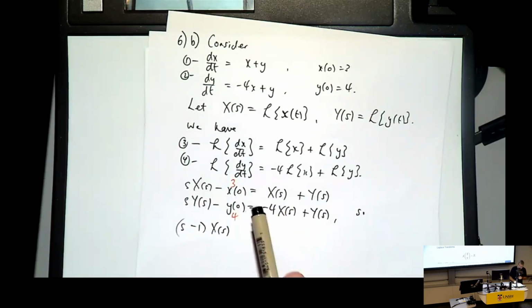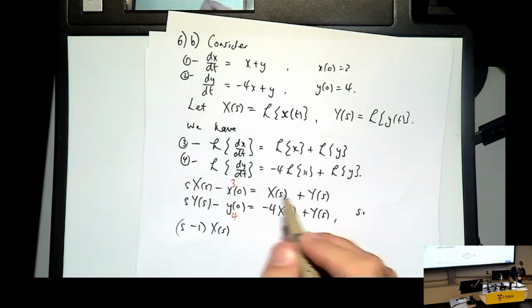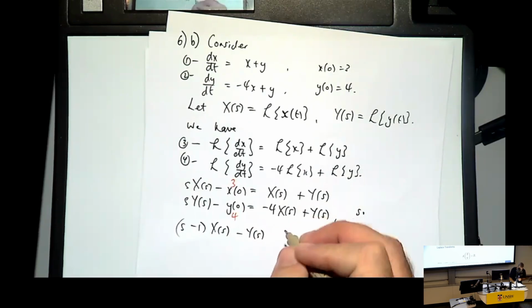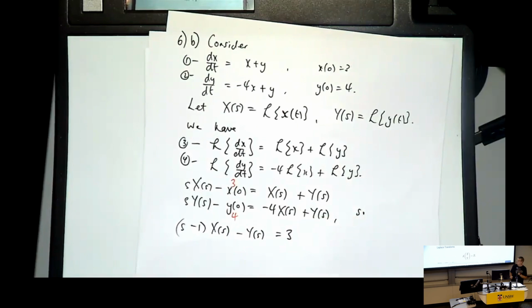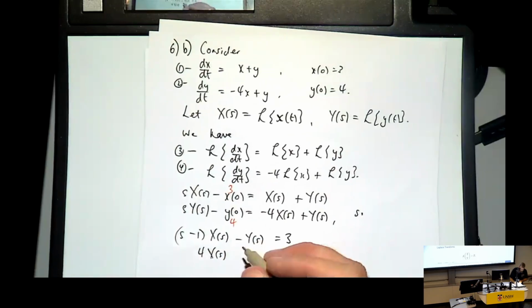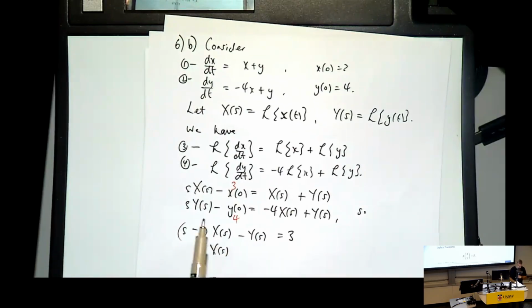So I'll bring that to the other side, I'll bring that to the other side, I'll bring that to the other side. Okay? And let's do the same with the second one. So bring that over there, bring that over there.